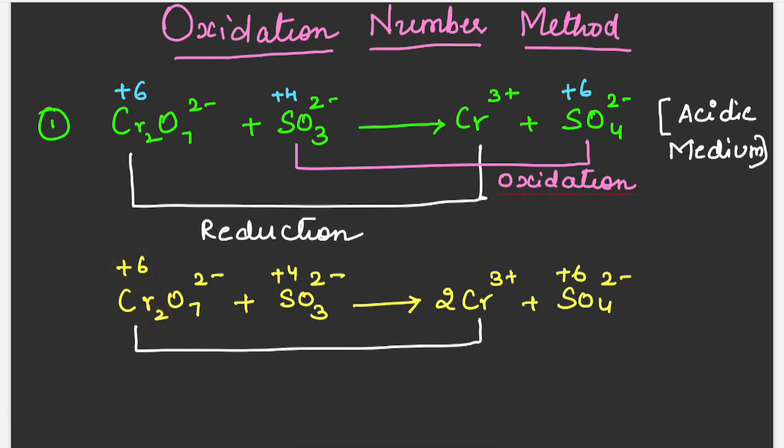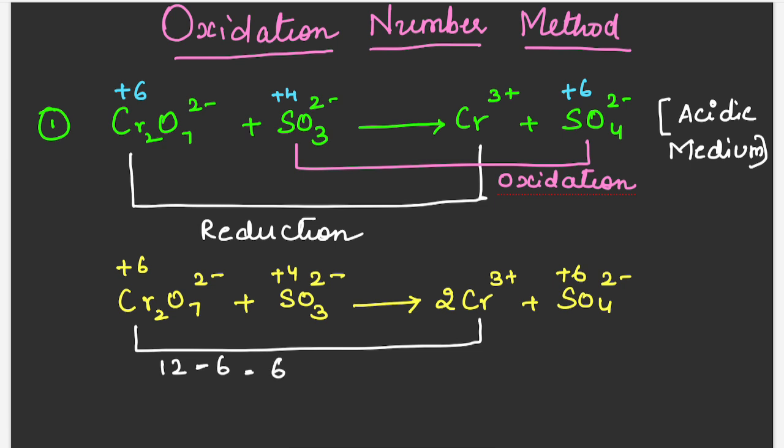So 6 into 2 is 12. So I'll write here 12. And then minus, and on the other side, what is the charge on chromium? Plus 3, and here 2. So 3 2s are, multiply the number, 3 2s are how much? 6. So 12 minus 6, you will be getting 6.